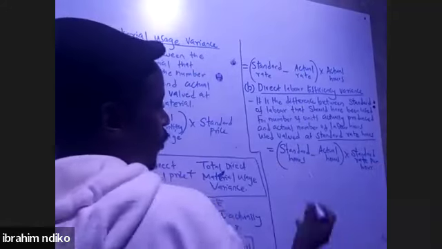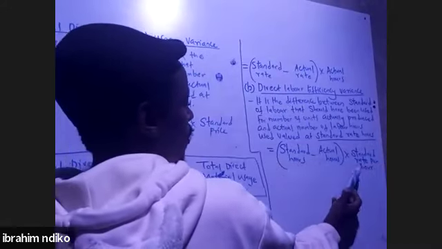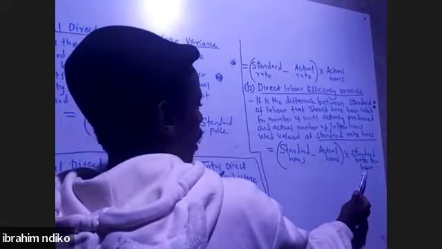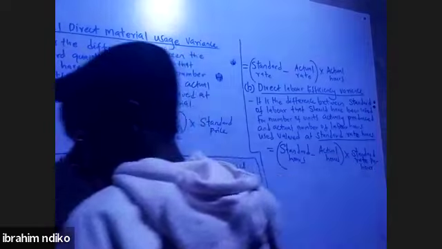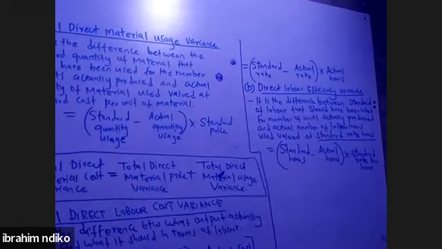So we say the difference between the standard hours and the actual hours valued at the standard rate per hour. So that one is all about the total direct labor cost variance.